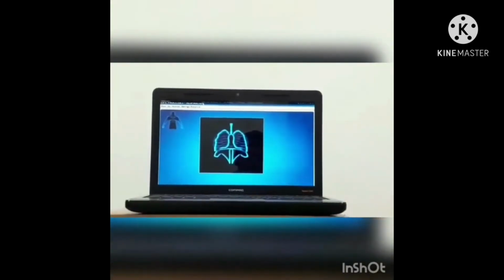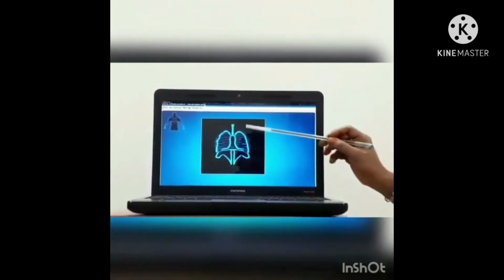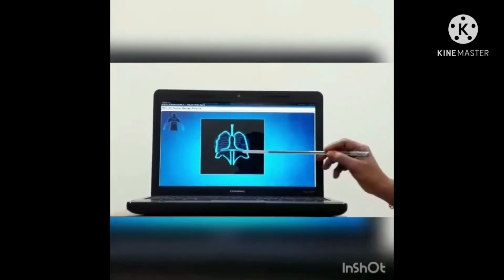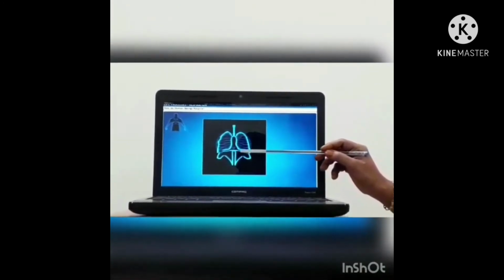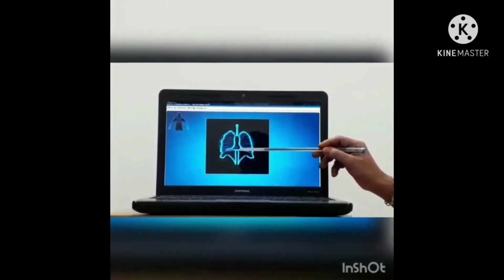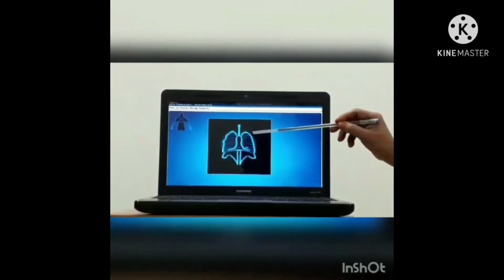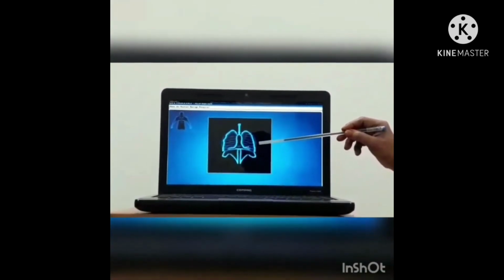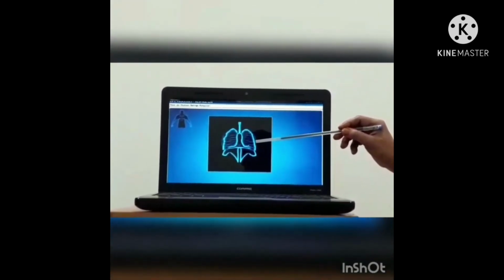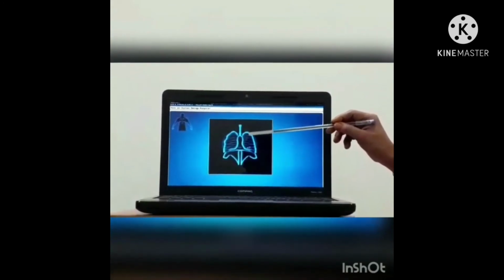Let us see the mechanism of breathing. See, here you can see a dome-shaped partition called the diaphragm. When the phrenic muscles contract, the diaphragm flattens, and here the muscles called external intercostal muscles, when these muscles contract, the rib cage moves outward and upward.